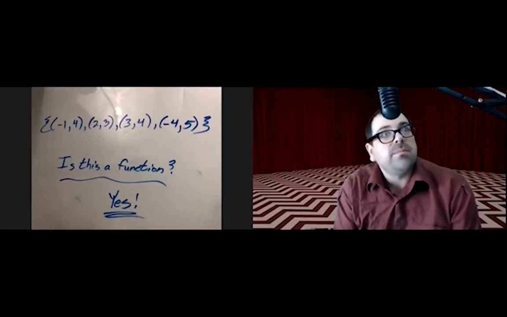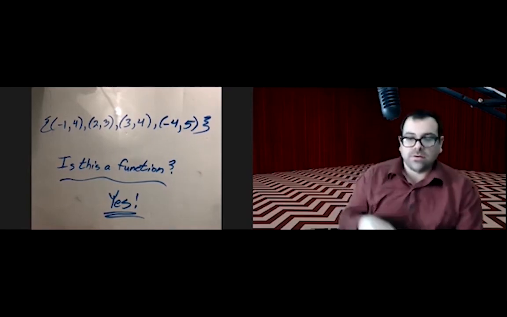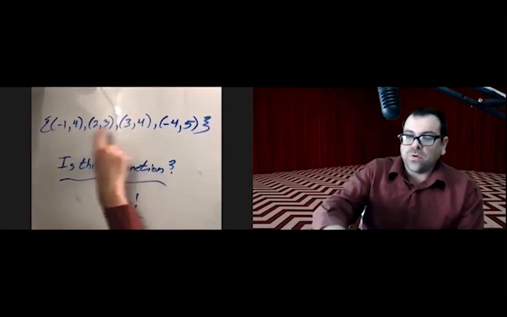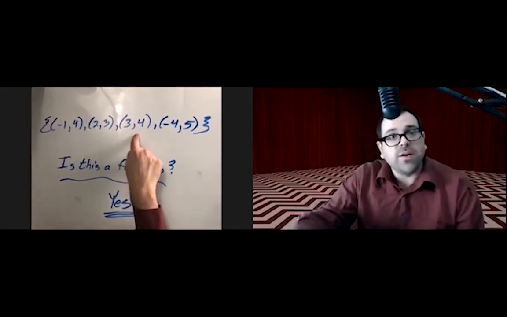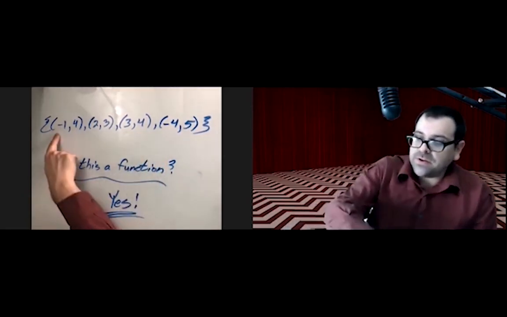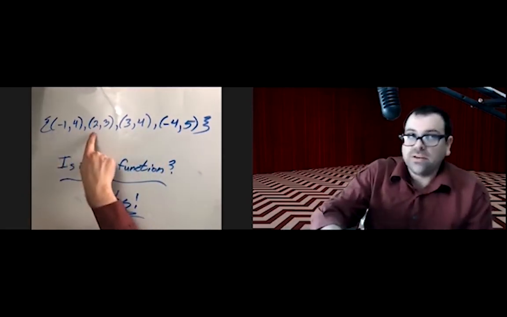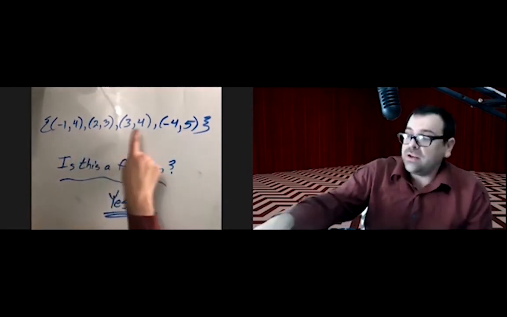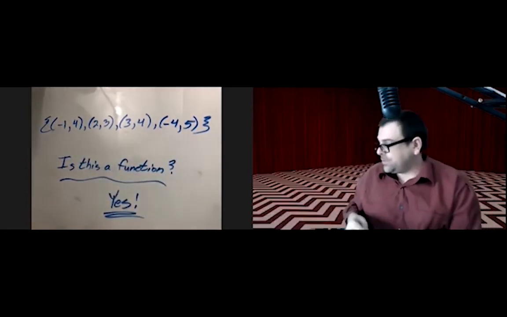You might be saying, but wait a minute. You've got 2 4s there. These 4s are y values. We're allowed to have repeated y values in a function, just x values. And our x values here are 4 different things: -1, 2, 3, and -4.